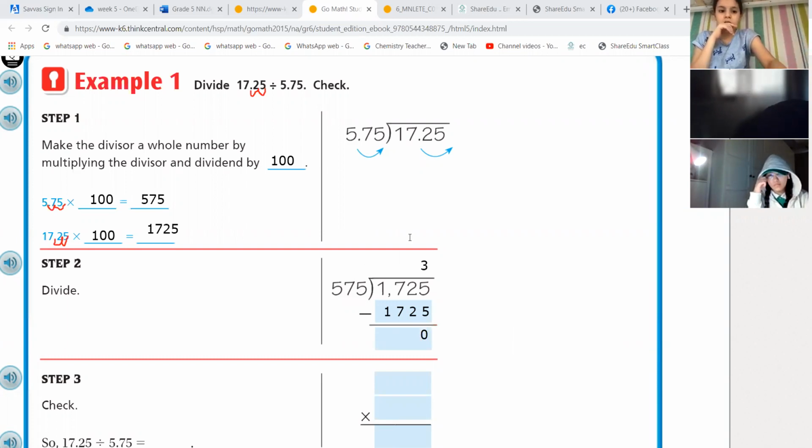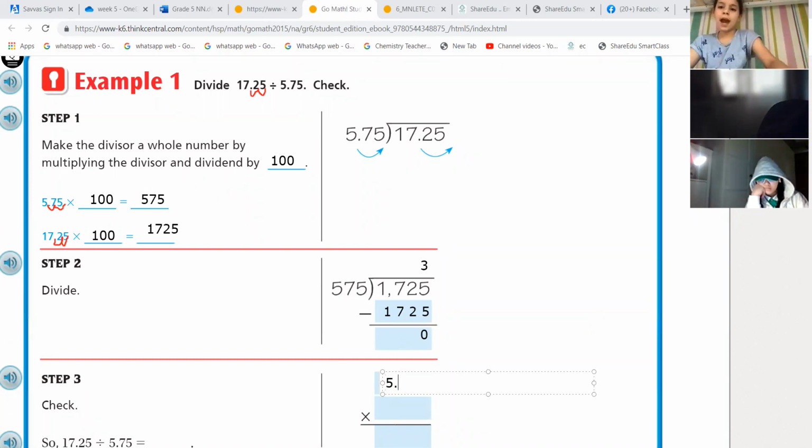Next, I do division, girls. First step, I remove the decimal points by multiplying with 10 or 100. You need to choose that. Do you have to multiply with 10 or 100? Okay, I chose 100 because I see two numbers after the decimal point. Then I do my simple division. I got 3. Now, of course, the last one you will check. How will you check?